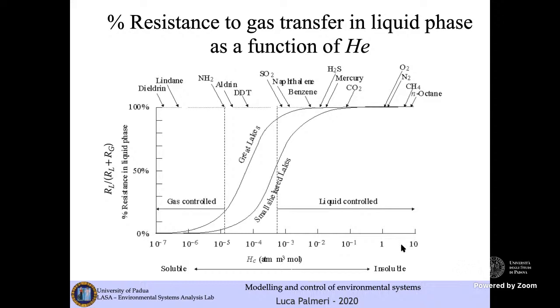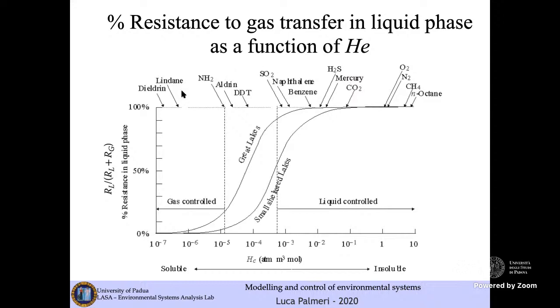This is very important when you deal with toxic elements. For example, here I have tried to categorize different substances, for example, dieldrin, lindane, that are toxicants.